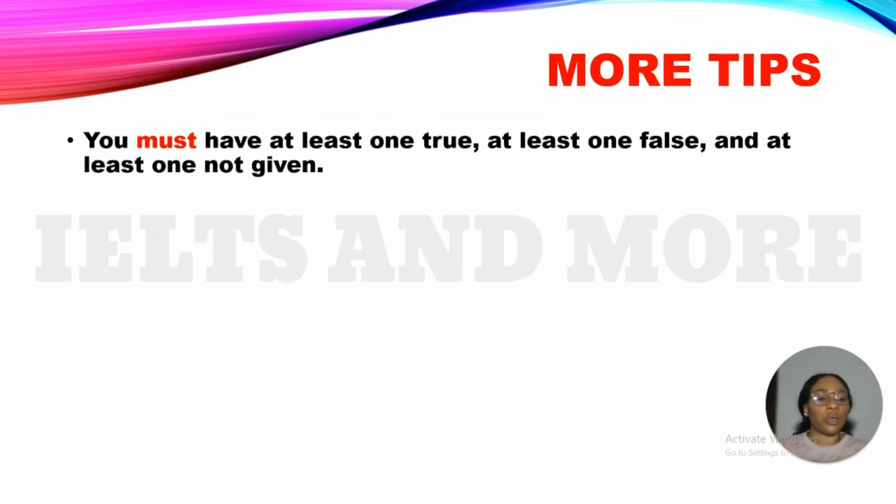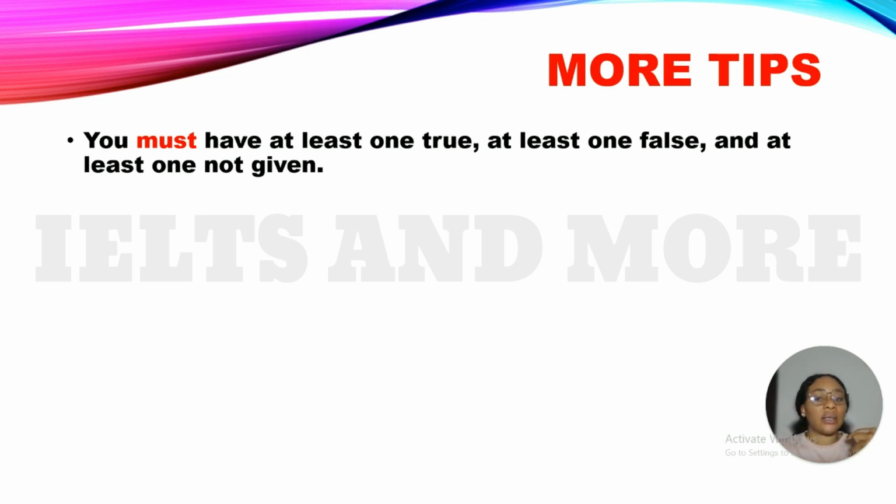You must have at least one true, at least one false, and at least one not given. Okay? Me repeating this word "at least" is intentional. Because if you have maybe 5 questions for a true, false, not given question type, and you finish and you realize that all you wrote was true and false, so your answer was maybe true, false, false, true, false, just be sure you have failed at least one, because it's always designed to have at least one answer to be true.